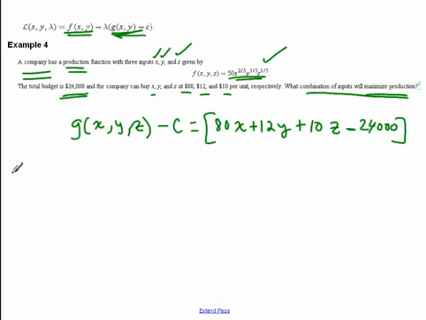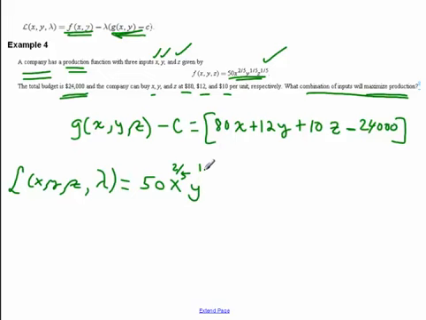So my Lagrangian function, L of x, y, z, lambda, equals my function that I'm trying to optimize, and then we subtract from it lambda times my constraint function.